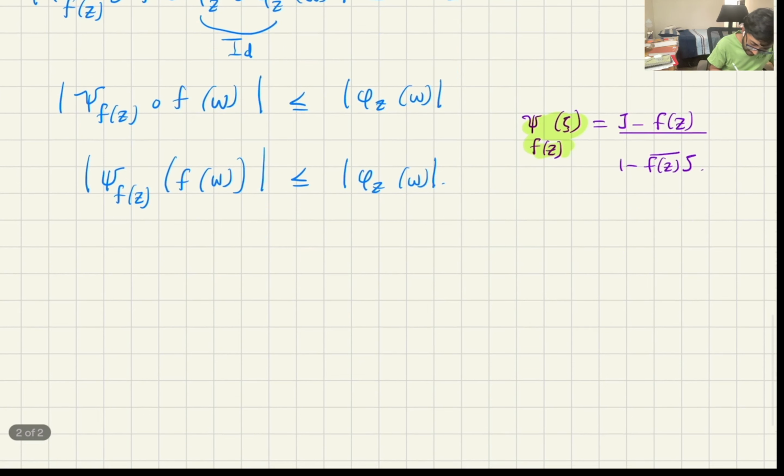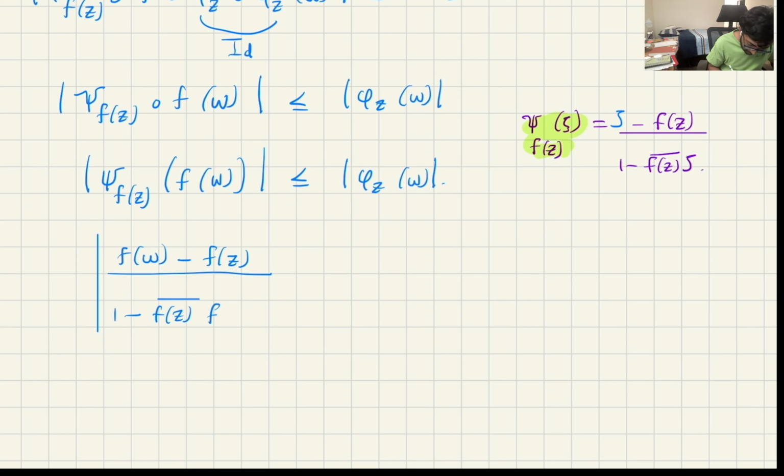So what would I get then? On my left hand side, this is my theta. Sorry for my bad handwriting. So now instead of theta, I'm going to plug f of w. So what would I get? F of w minus f of z divided by 1 minus f z bar. I'm replacing theta by fw, right?